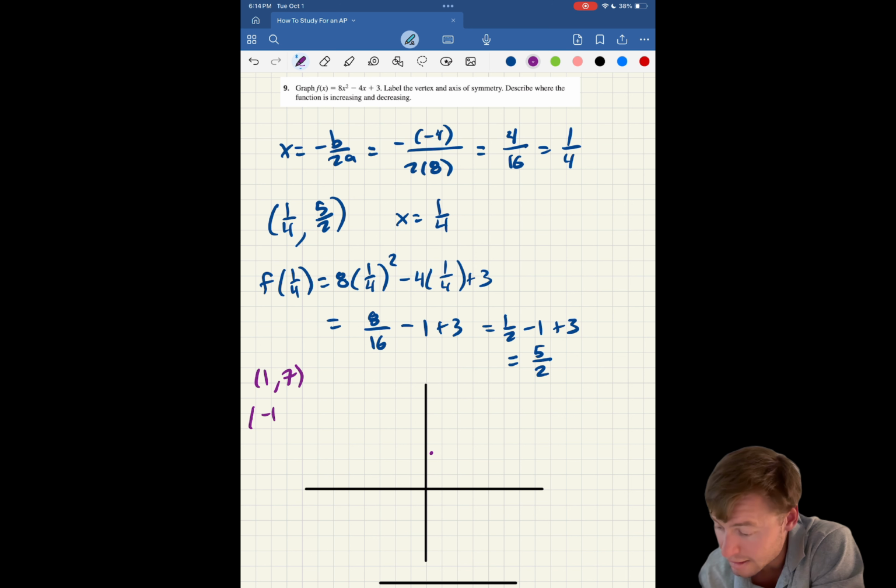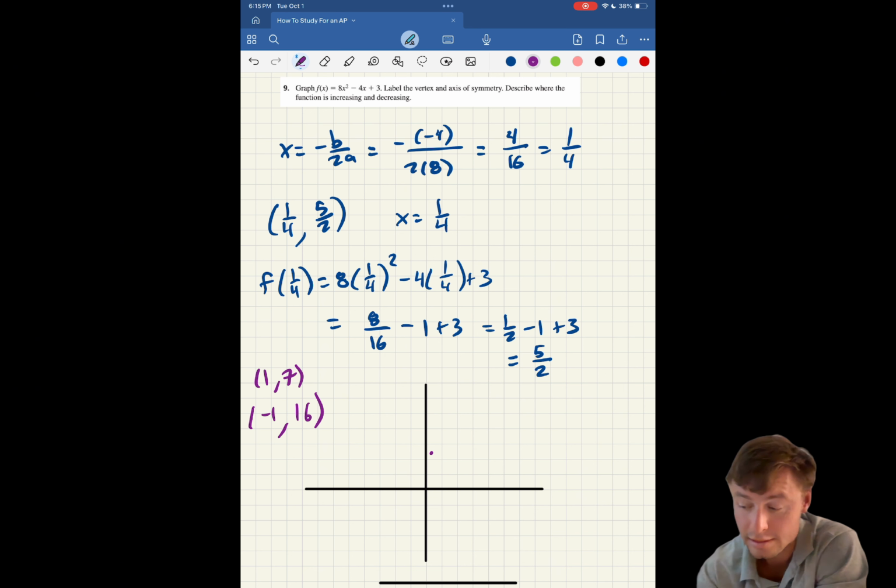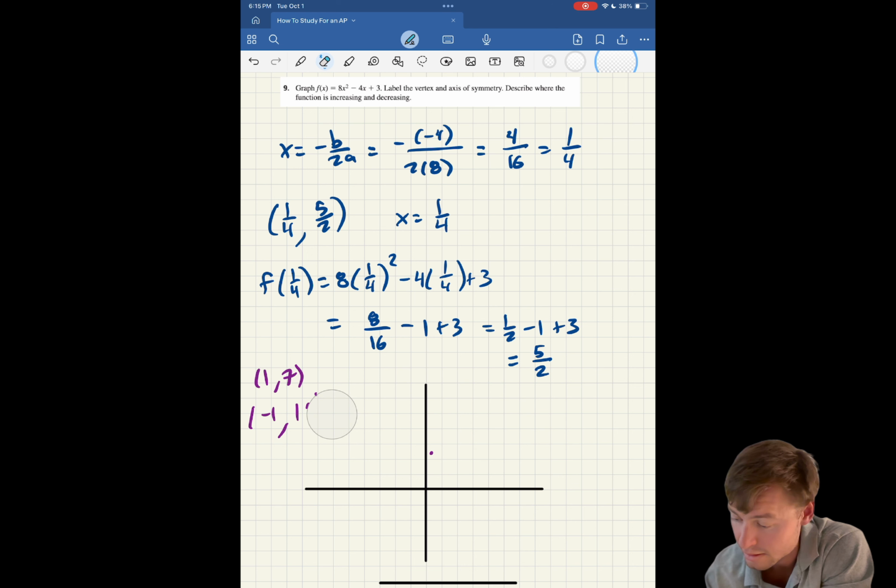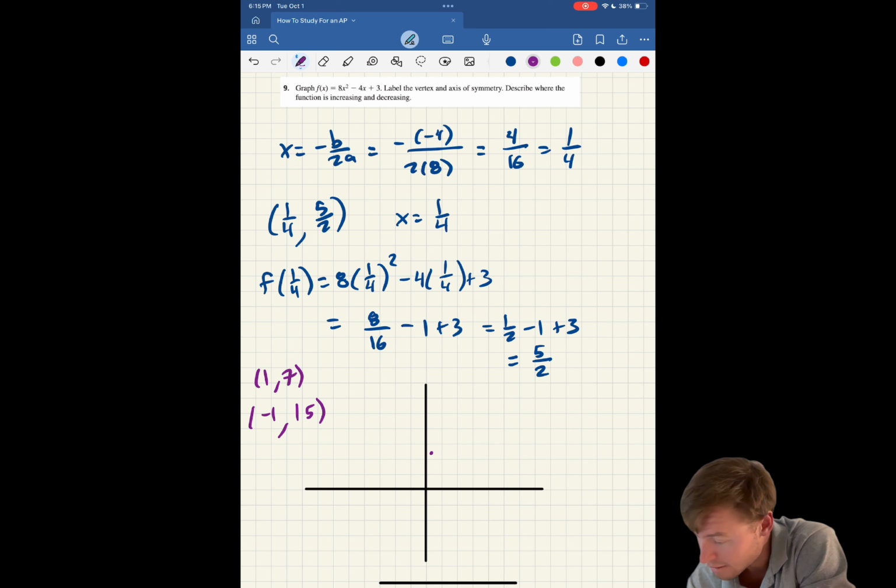And when x equals -1, we have y equals 15. So over 1, up 1, 2, 3, 4, 5, 6, 7, and then -1. So it's going to be something like that.